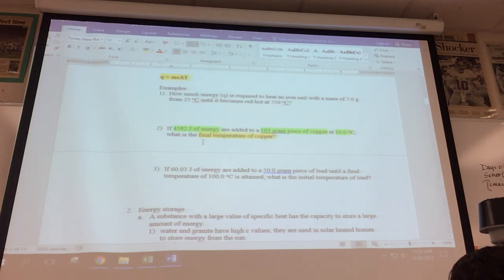That's what I'm looking for. If you're ever looking for the final or initial temperature, I would still solve it as if I was solving for delta T, and then I would do a secondary problem to solve for the initial or final. I think you'll be more successful than trying to do it algebraically.